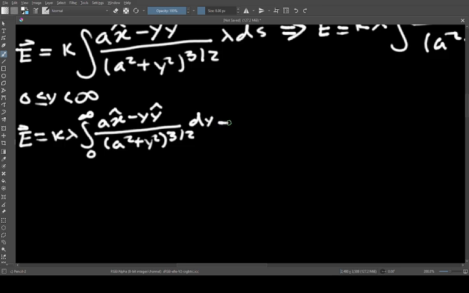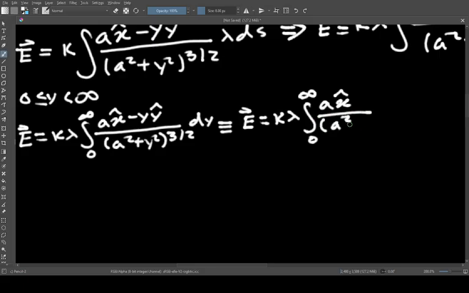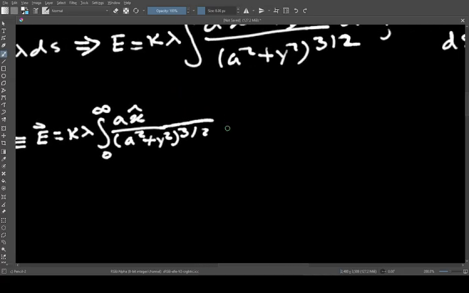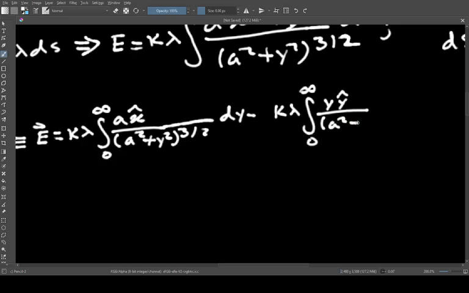So now we can say this is identical to E is equal to k lambda times the integral from 0 to infinity of a x-hat over the denominator (a squared plus y squared) to the power of 3/2 dy, minus k lambda times the integral from 0 to infinity of y times y-hat over (a squared plus y squared) to the power of 3/2 dy.